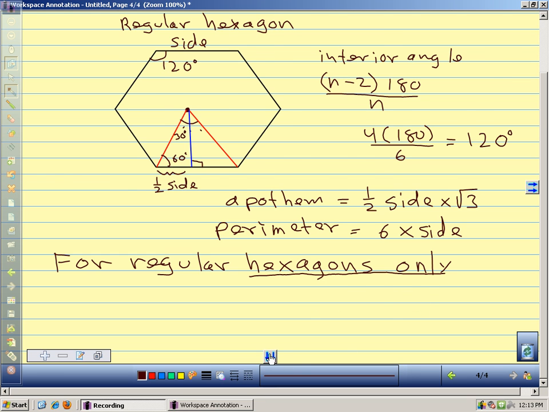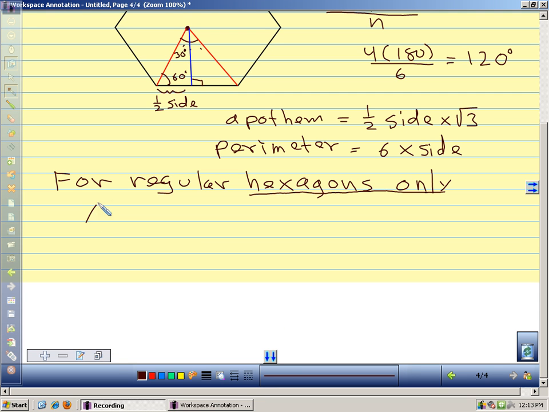The area. I'm going to say the apothem first. The apothem equals 1/2 the side times the square root of 3. And then we can use this apothem times the perimeter to find our area.